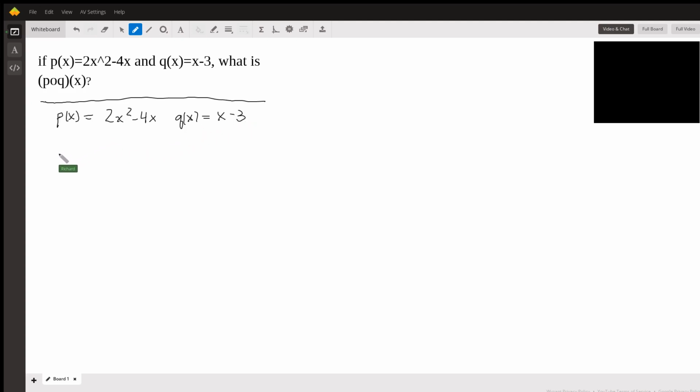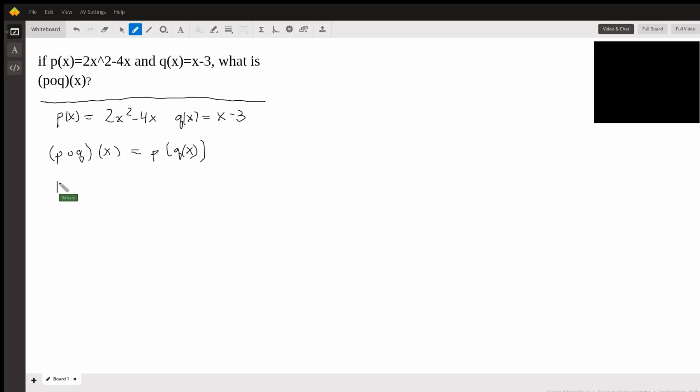Now, when they say they want P with an open circle of Q of X, this notation means P of Q of X. These two statements are the same.